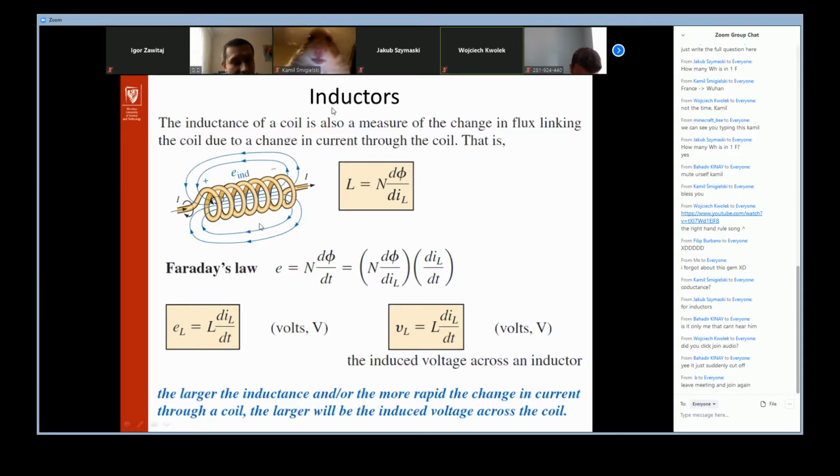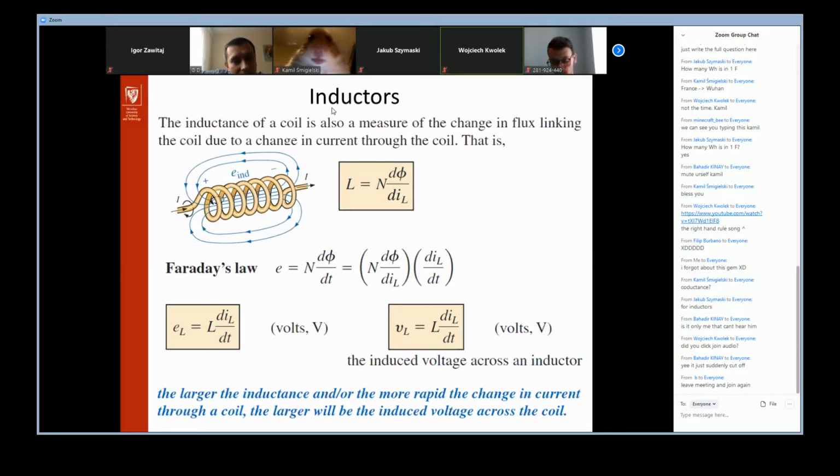What does it mean? If we observe the changing of the current and we have induced voltage across the coil, it means that this increasing current will produce a voltage across the coil which wants to decrease the current passing through it. So that's the choke effect.